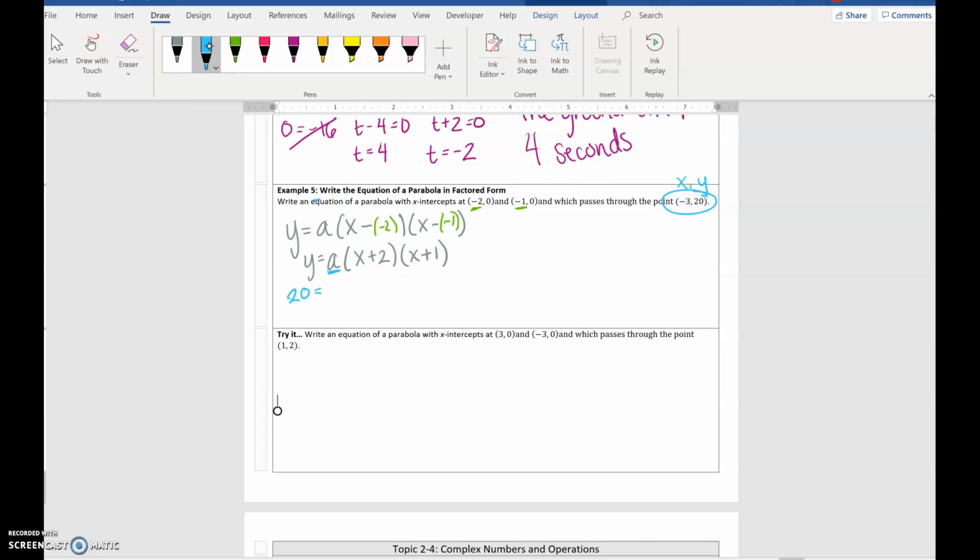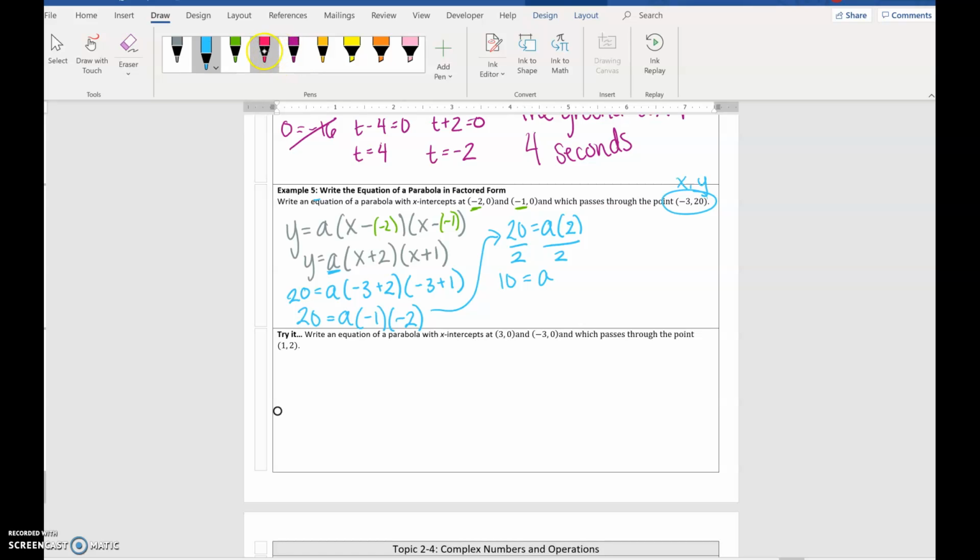So we have 20 equals a, and then negative 3 plus 2, and negative 3 plus 1. So now we have 20 equals a, and then this would be a negative 1, and this would be negative 2, and that would give us 20 equals a times a positive 2, divide by 2, divide by 2, and we get 10 equals a.